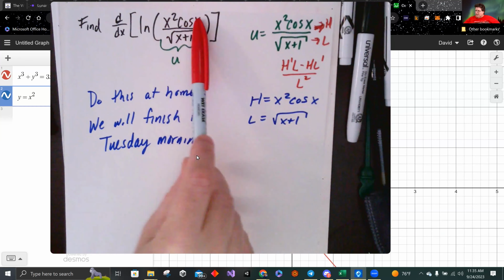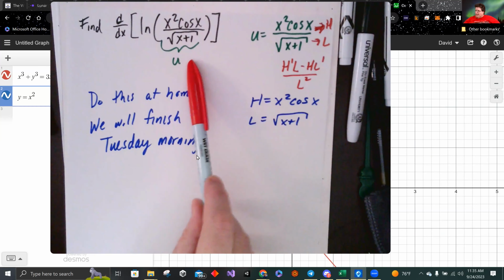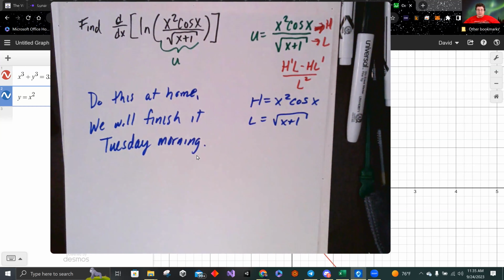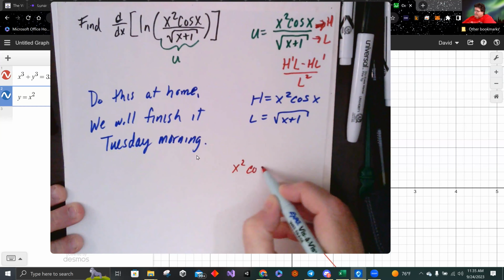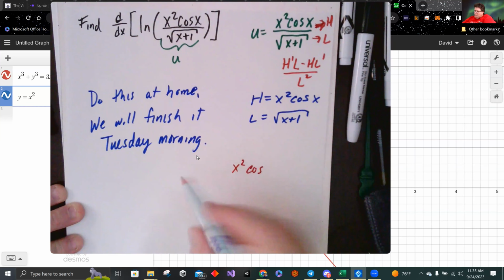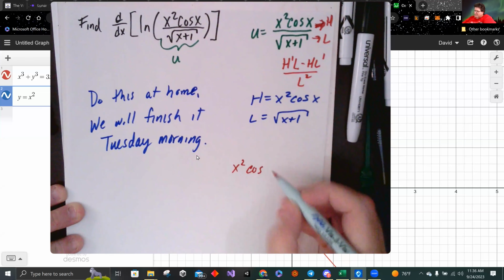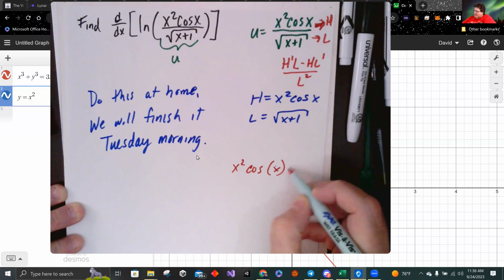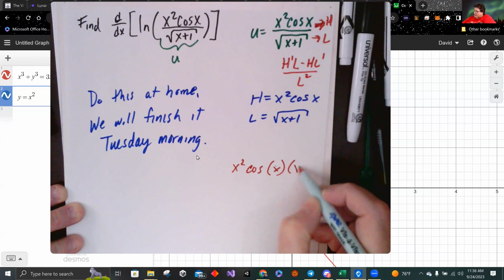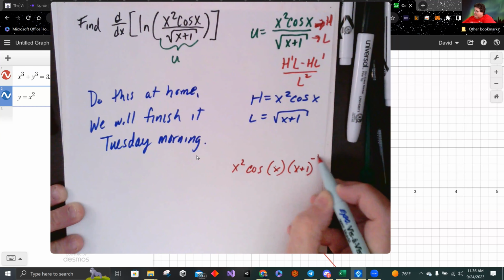There's a product on top. This is a quotient. I could do this all as a triple product. I could write this as x squared cosine x, and then x plus 1 to the square root of that on the bottom. Oh wait, I need to have the x there. And then I could have x plus 1 to the negative 1/2.